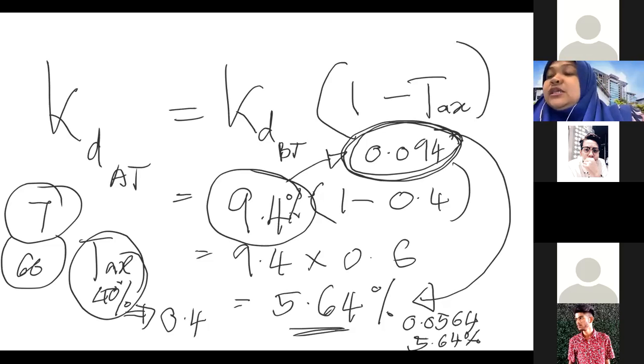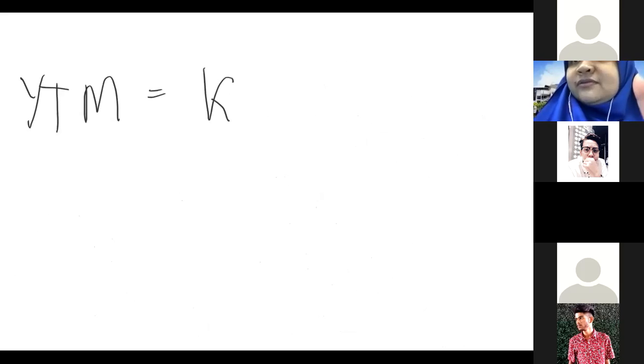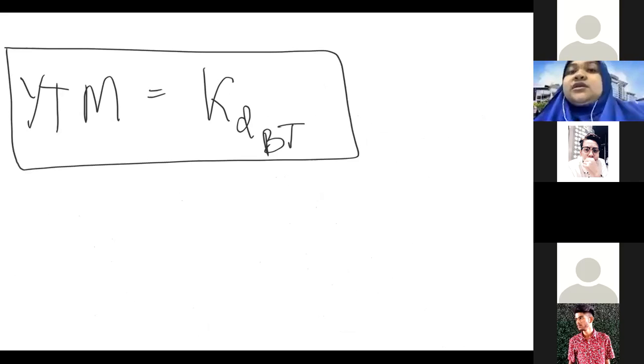So yield to maturity is considered as cost of debt before tax. Do you still remember how to calculate YTM? Because YTM is also considered as cost of debt before tax. So when you have been given the information of a bond, you need to find the YTM. Using the YTM, you can find the cost of debt after tax.